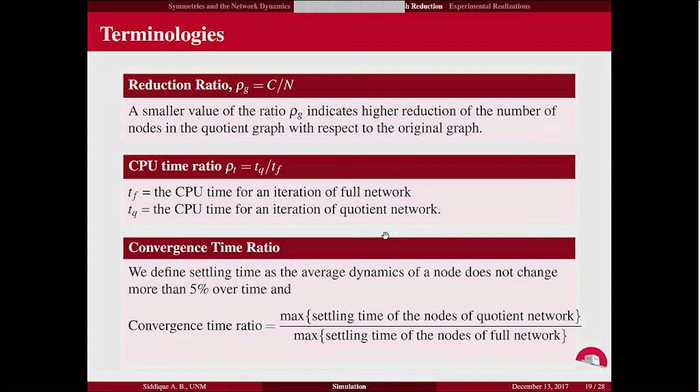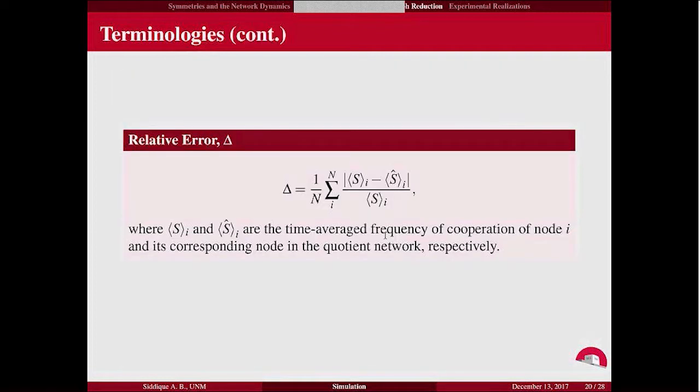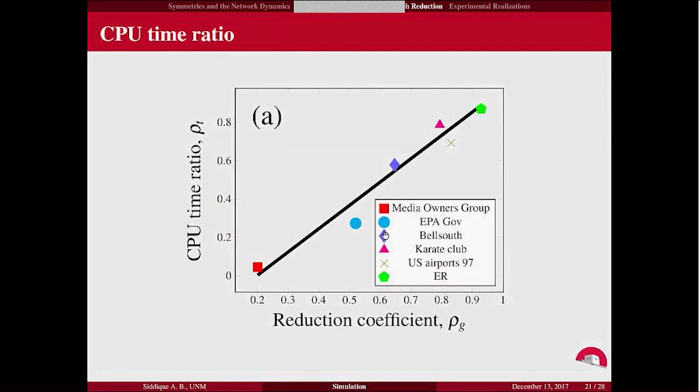Then convergence time: we define the settling time as the time after which the time-invariant dynamics doesn't change more than 5%. The convergence time ratio is the ratio of the maximum settling time of quotient nodes versus the full network nodes. And I'd also like to show the relative error, which is a standard relative error.